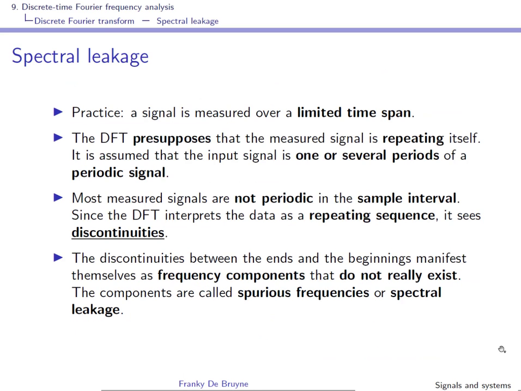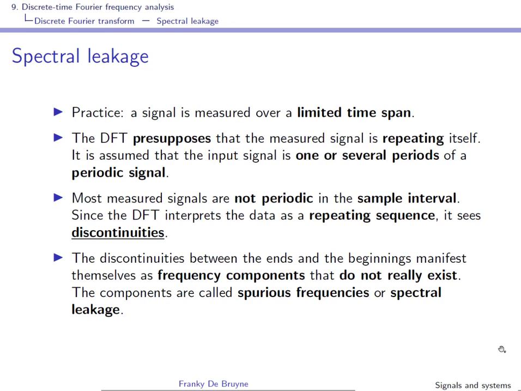In practice, of course, we can only measure a signal over a limited time span, so that we obtain n data points where n is finite. We've seen that in theory the DFT, the Discrete Fourier Transform, will presuppose that the measured signal is repeating itself. So it is assumed that what you measure is the repetition of one or several periods of a periodic signal.